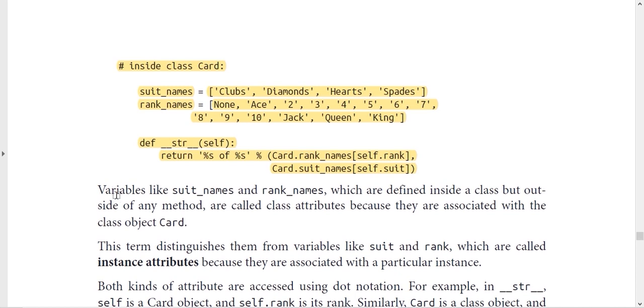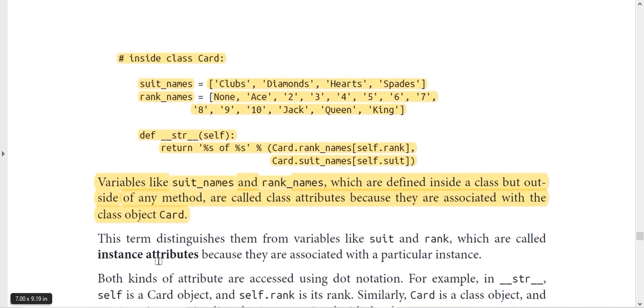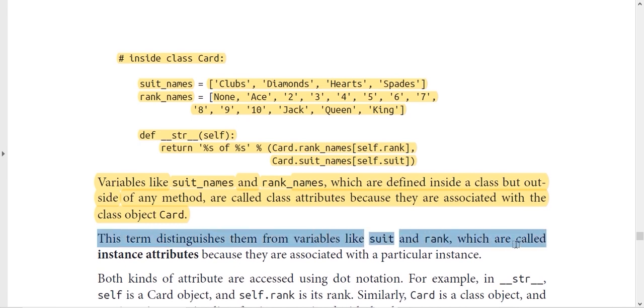So here you can see that variables like suite names and rank names, which are defined inside a class but outside of any method, are called class attributes because they are associated with the class object Card. So this term distinguishes them from variables like suite and rank, which are called instance attributes.